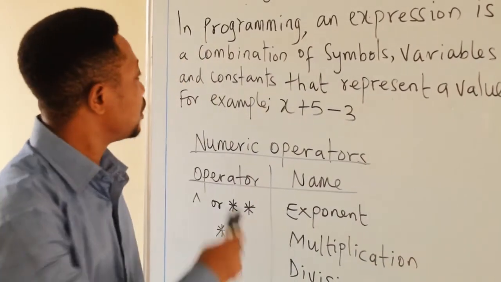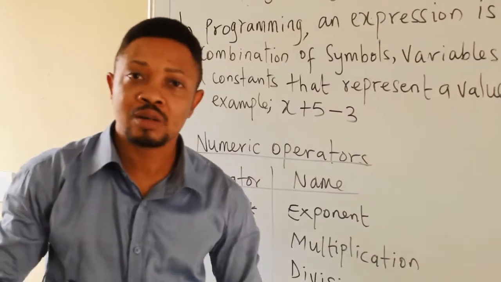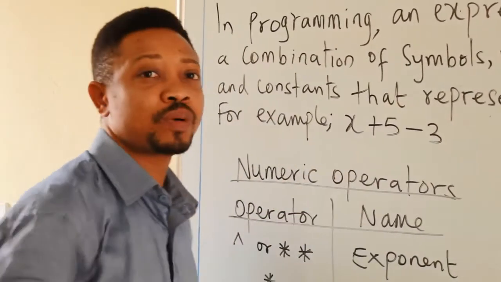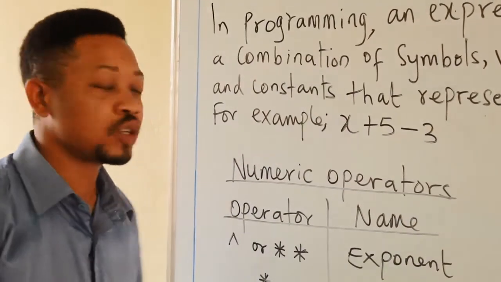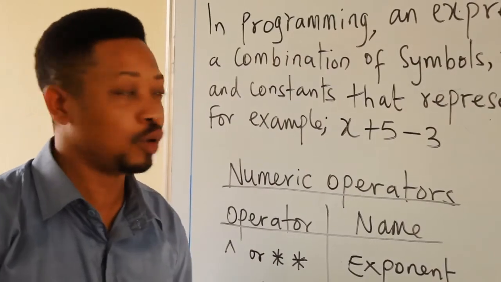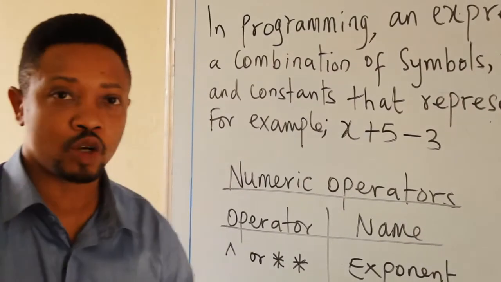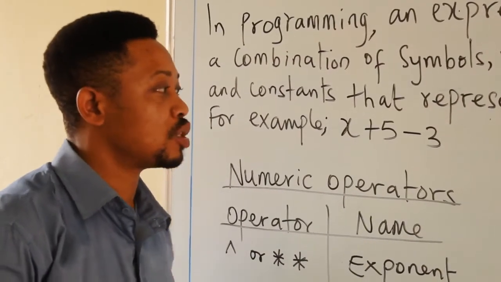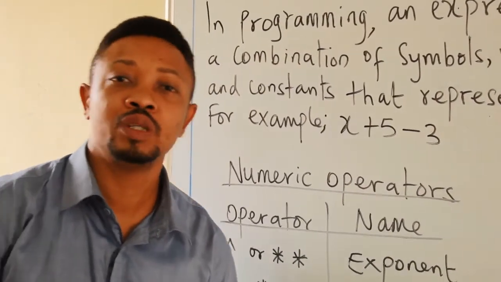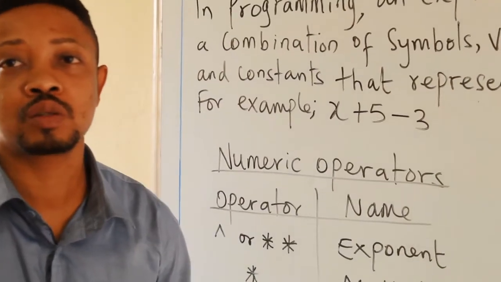And then we have constants. Constants are numbers. So looking at this expression on the board, x plus 5 minus 3, x is a variable, 5 is a constant, and plus and minus are symbols, which are also known as operators.